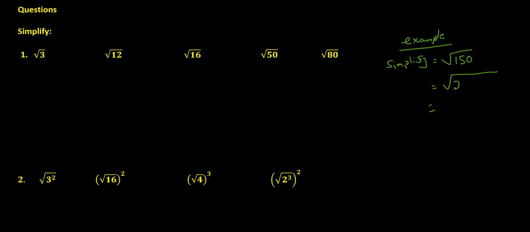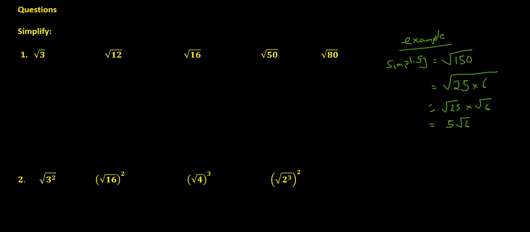And that's going to be 25. 25 multiplied by 4 is 100, multiplied by 5 is 125, and multiplied by 6 gives 150. So we can rewrite that then as 25 multiplied by 6, and then write it as 5 root 6.